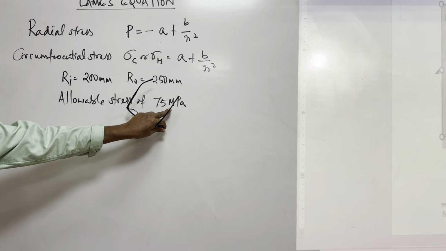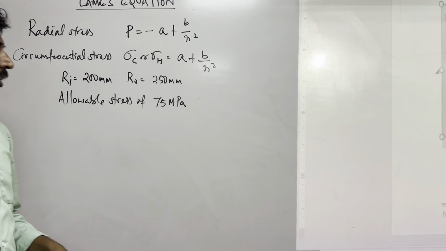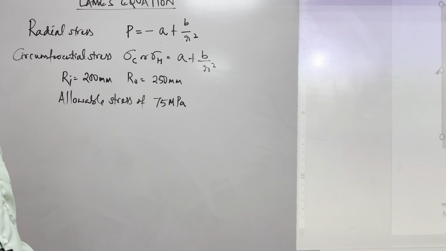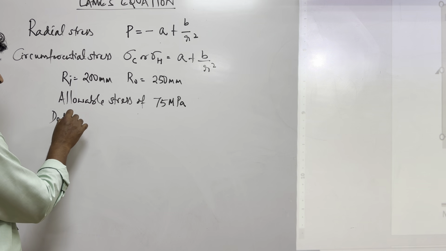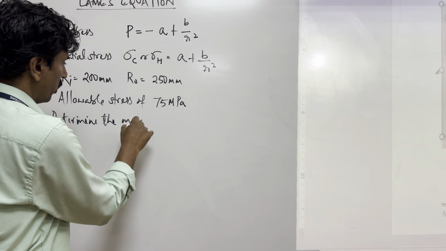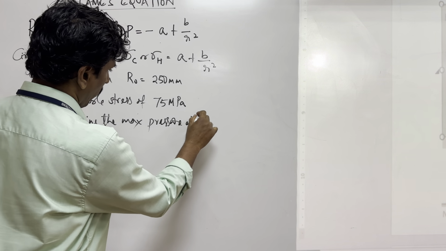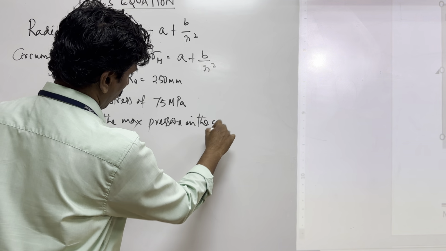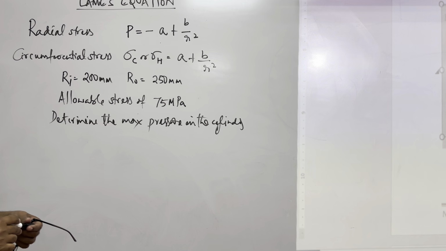So the maximum stress that I can apply is 75 MPa. And determine the maximum internal pressure that can be applied. So what you need to determine is the maximum pressure in the cylinder.